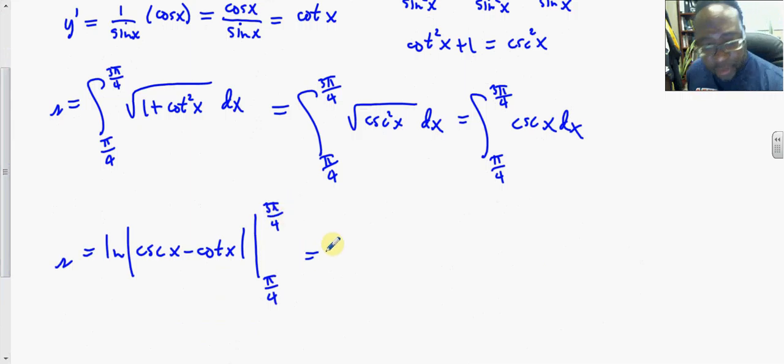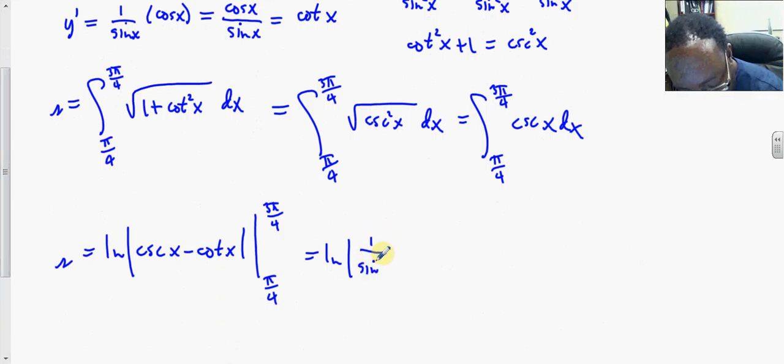So we plug that information in. We have the natural log of the absolute value of the cosecant. I'm going to write that as 1 over sine. So this is 1 over sine of 3 pi over 4 minus the cotangent, which is 1 over tangent.